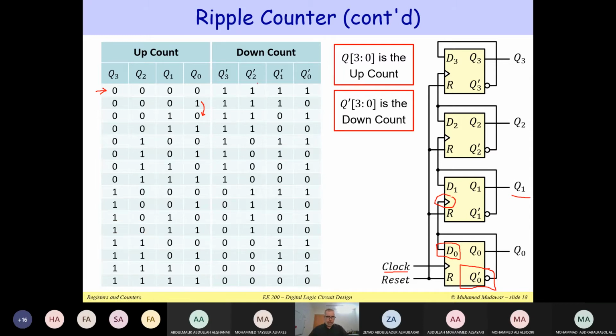Notice that here I'm showing Q0 and Q0 prime. When Q0 goes from 1 down to 0, Q0 prime is going to go from 0 to 1. It is just the complement of Q0.